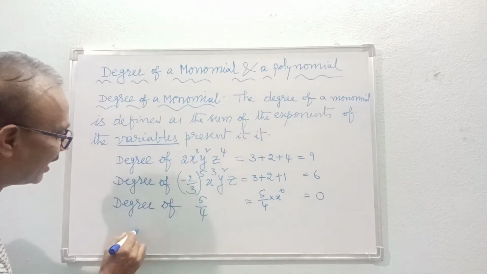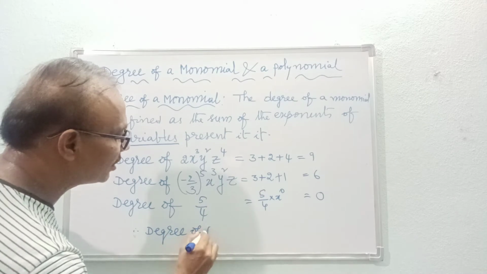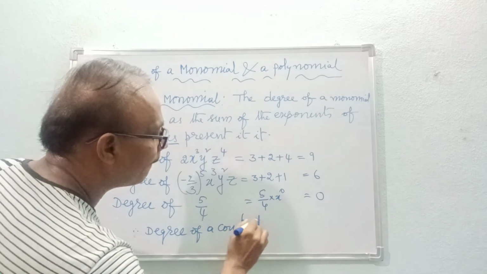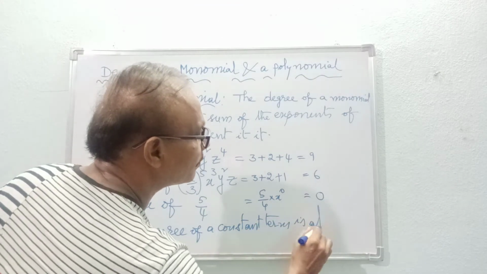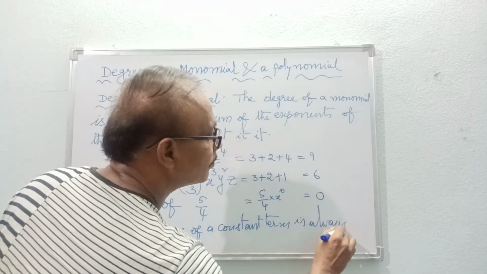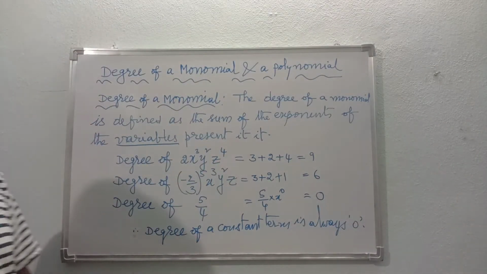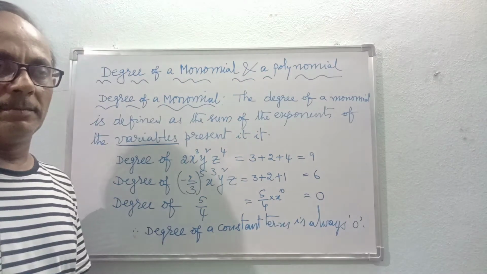Therefore, what we say is degree of a constant is always 0. Degree of a constant term is always 0. This is how we find the degree of a monomial.